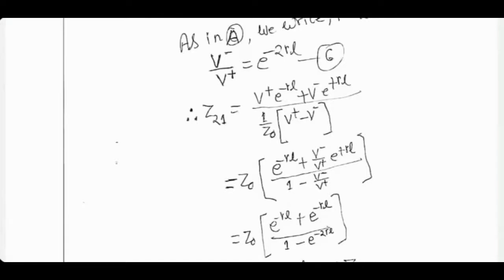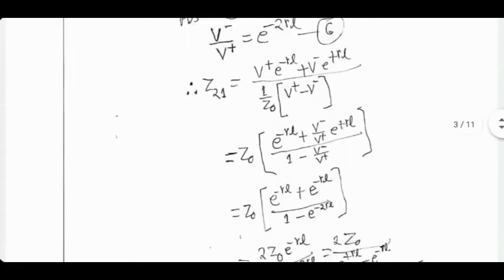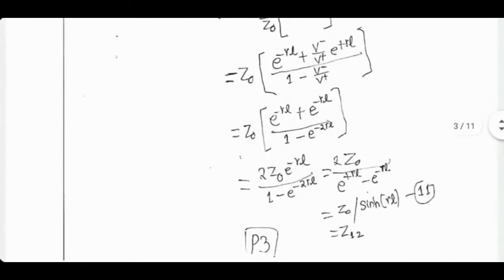And in the denominator, I get 1 minus e to the power minus 2 gamma L. We can further simplify if necessary. In fact, it will be nice to simplify it further. E to the power minus gamma L plus e to the power minus gamma L becomes 2 times e to the power minus gamma L. So that's straightforward. Then I take e to the power minus gamma L from the numerator to the denominator.